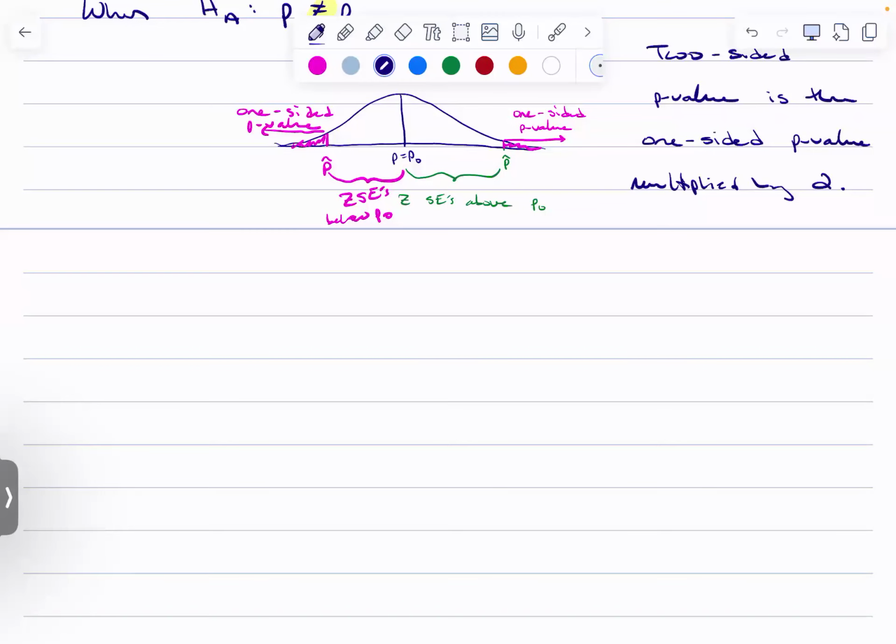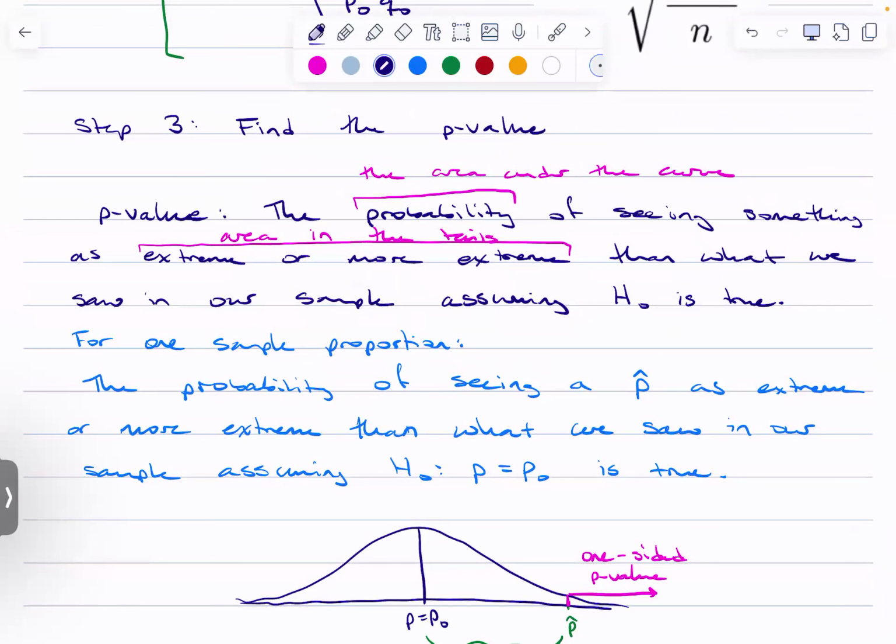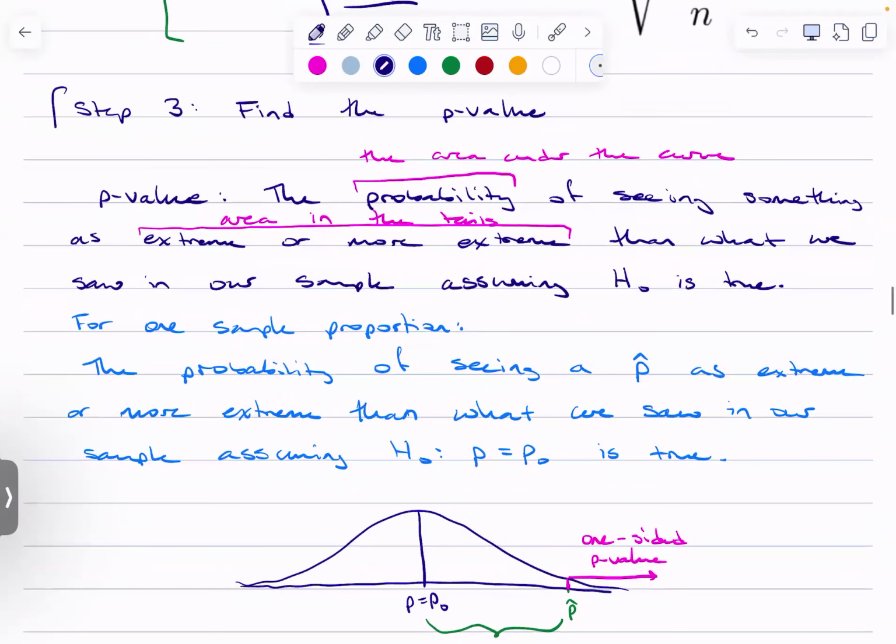Finding the p-value, although it's quite a bit of work, is only 1 mark. Because if you flub it in some way, or even if you forget how to find the p-value, that's not the skill that I need you to have. The skill that I need you to have is the conclusion from the p-value.